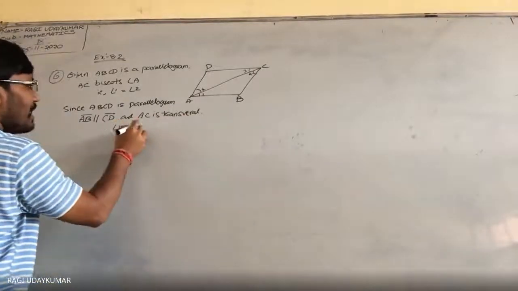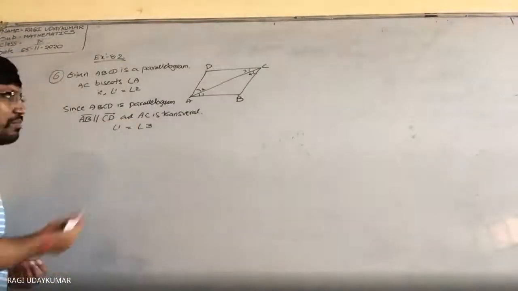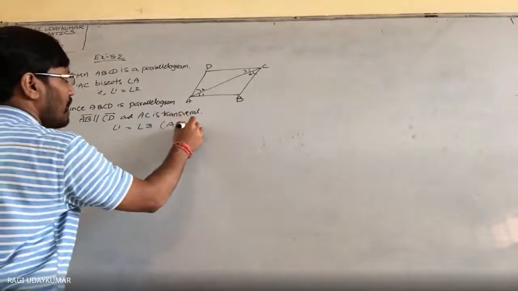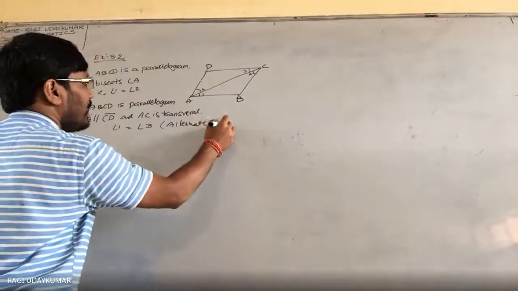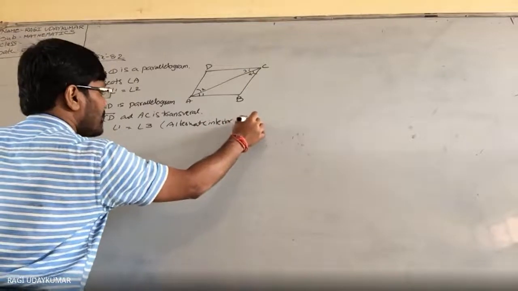So therefore angle 1 is equal to angle 3 because alternate interior angles.